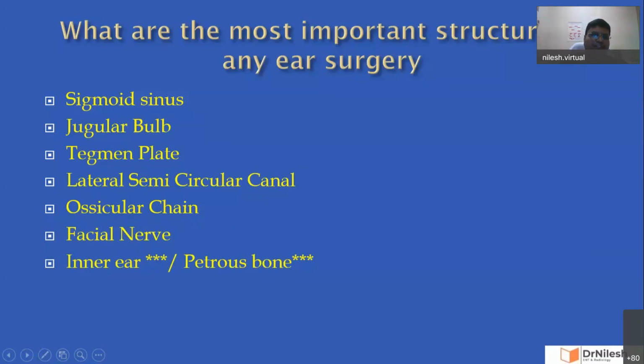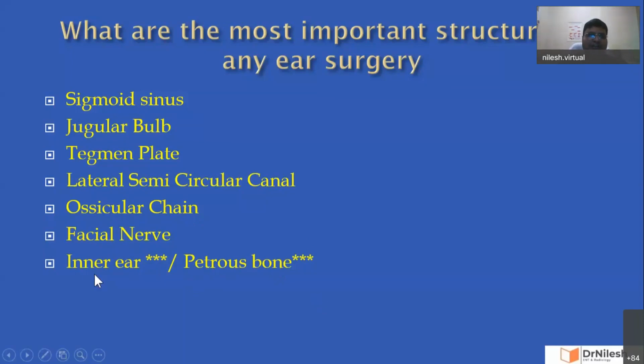And the most neglected part, most of the time we don't concentrate at all, is the inner ear and the petrous bone. There is a possibility there may be associated inner ear anomalies or involvement of the petrous bone in routine cases of cholesteatoma or even central perforation cases. So always make a habit.